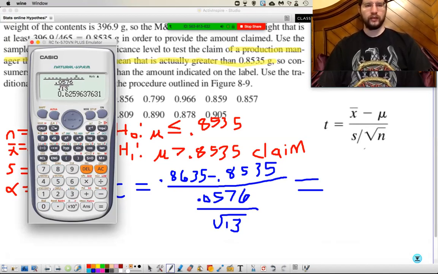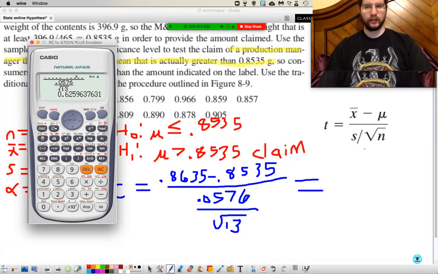So that'll give us our test statistic T. And again, it's going to be the area under the curve, but it's not the normal curve, it's the T curve. You don't have a cumulative T distribution function on here. So we're just going to be doing this by hand.